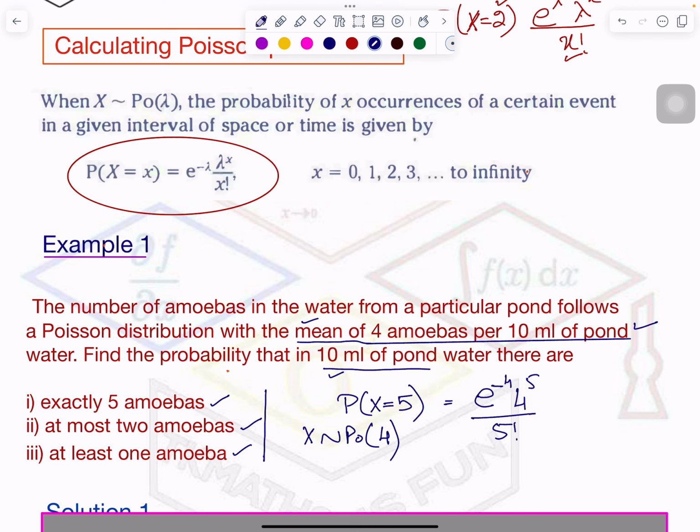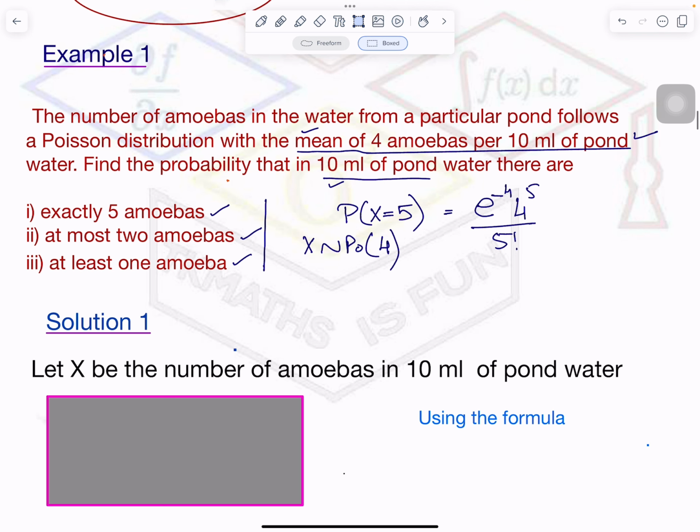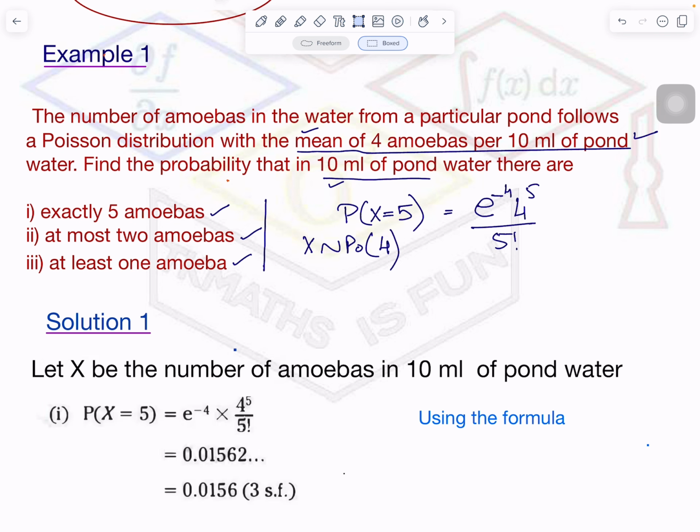I have the solution here, but I'm just telling you how we write it so that you can recall better. So let x, because we do tell what is x here, what we mean by x. Okay, so this is how you will calculate it. I have already shown you here exactly 5 amoebas.